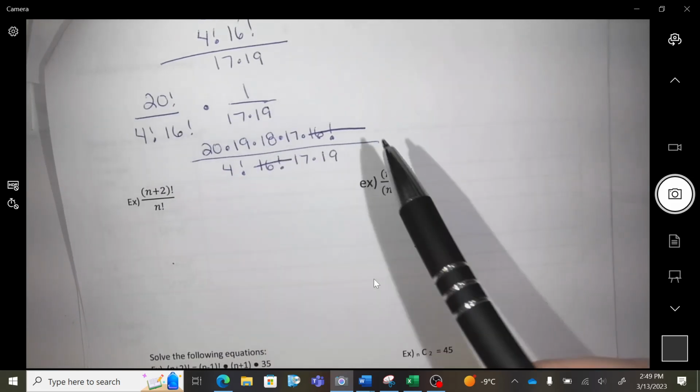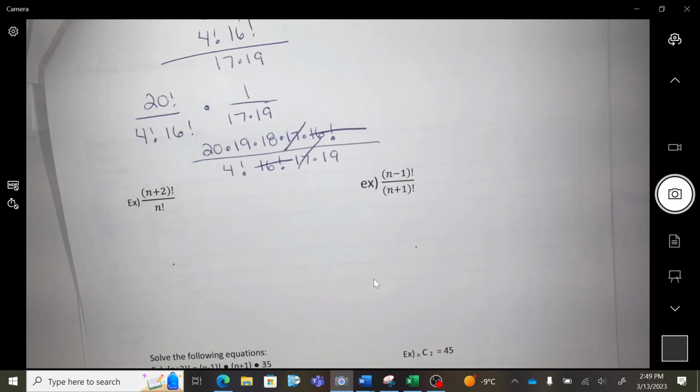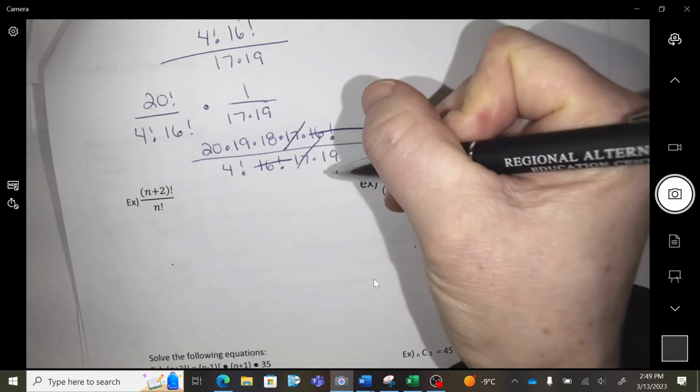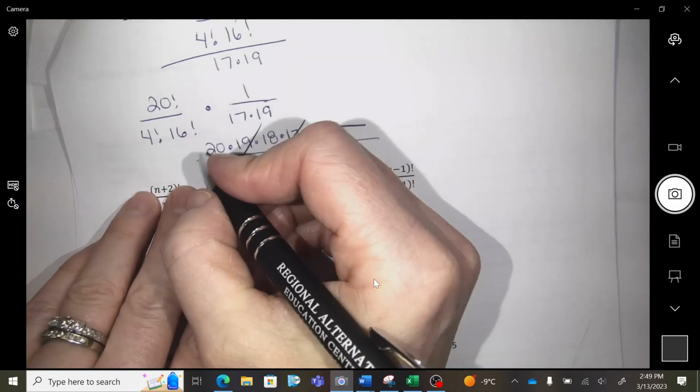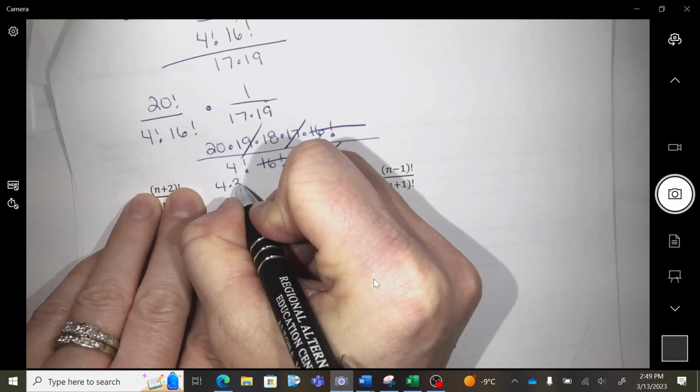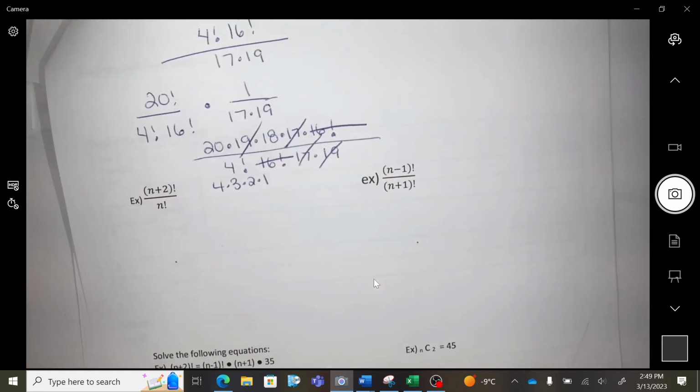Now, I also have an individual 17 and an individual 19. Those are different than factorials, right? And now I'm also going to go 4 times 3 times 2 times 1.